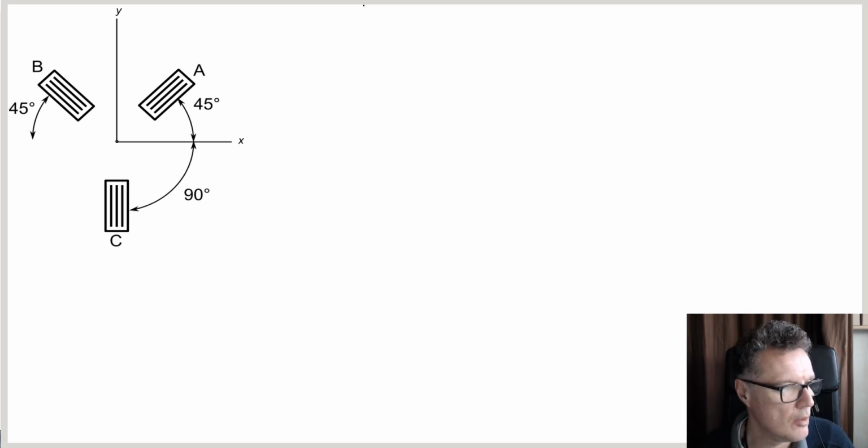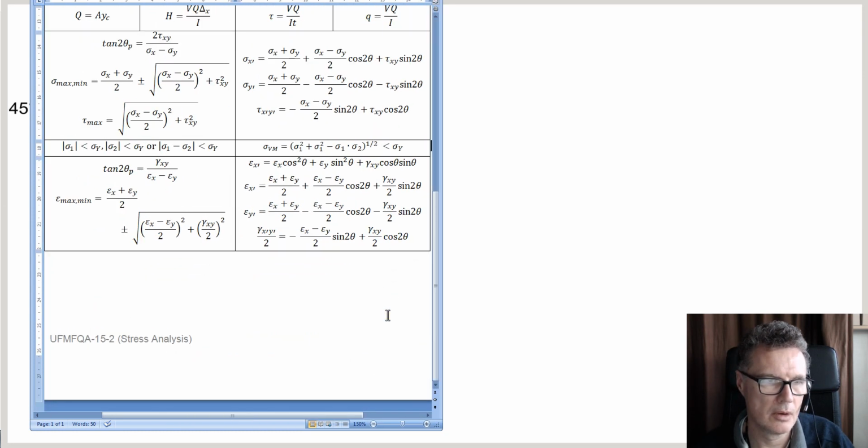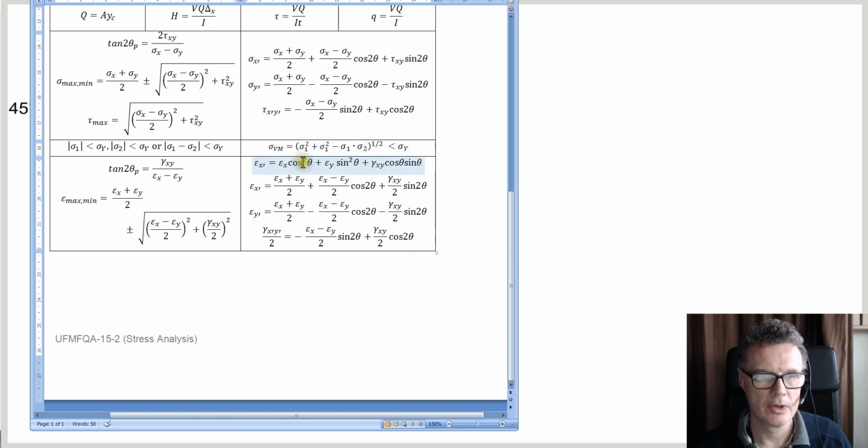Because when you look at your formula sheet, you can see that you've got these cosines and sines, and so when we put in 30, 45, or 60 degrees, we're going to get nice rational numbers coming out of them.